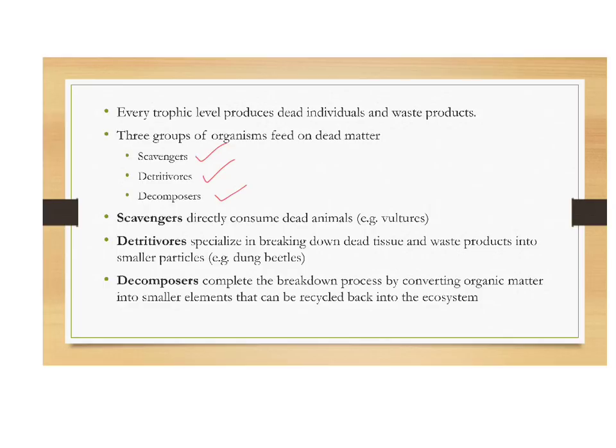Decomposers complete the breakdown process by converting organic matter into smaller elements that can be recycled back into the ecosystem. Decomposers in ecosystems are primarily things like bacteria and fungi. Scavengers tend to be larger animals like a vulture. Detritivores tend to be smaller, something like an earthworm, a millipede, or a pillbug.